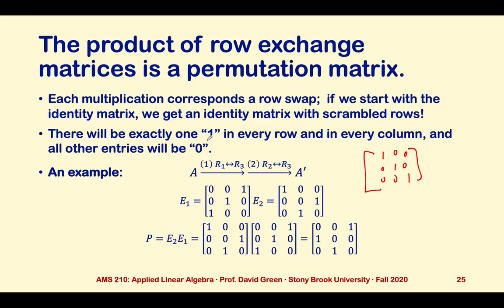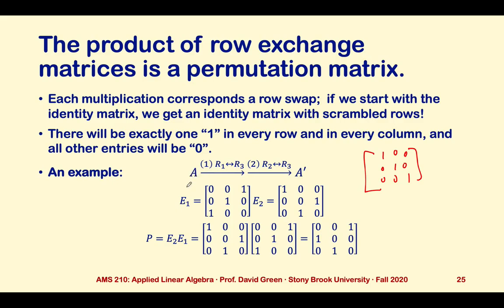We're also not moving around the columns, and so every column also still has to have exactly one 1 in it. So this kind of matrix has exactly one 1 in every row, exactly one 1 in every column, and everywhere else is a 0. We can see some more examples of this.